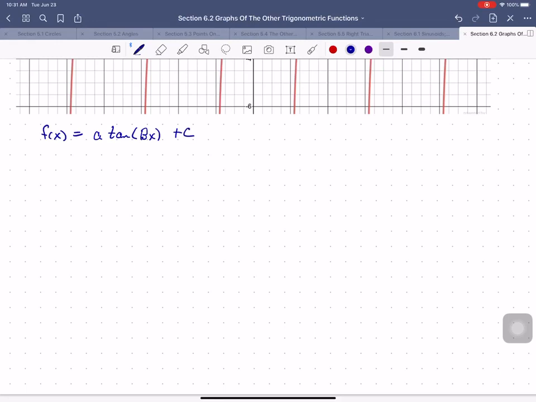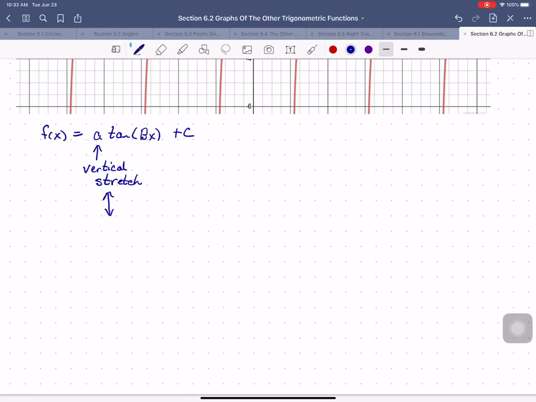We don't think of a as amplitude. It gives us a vertical stretch or compression, is what it does. It stretches our function vertically. And I'm going to show you this in action here in a second.